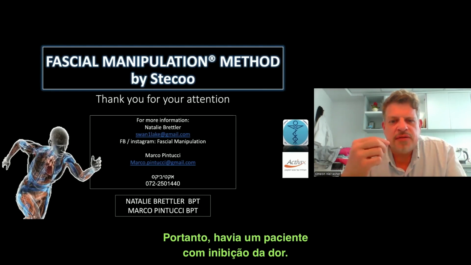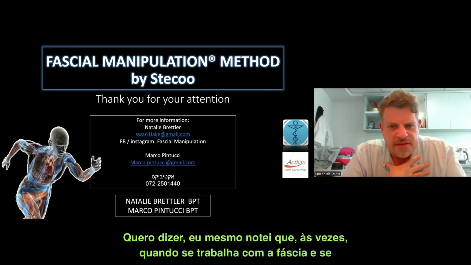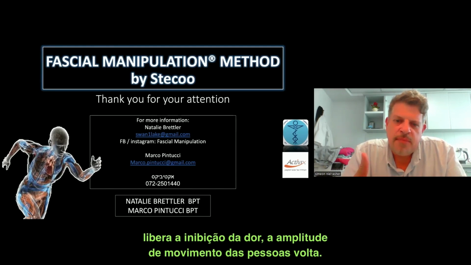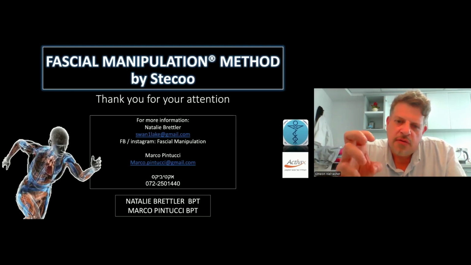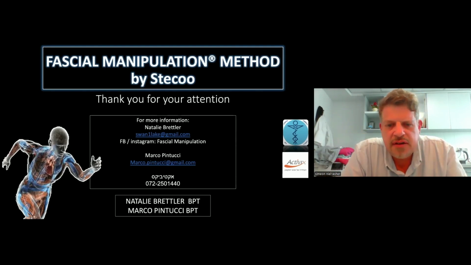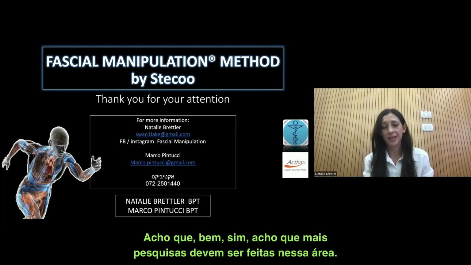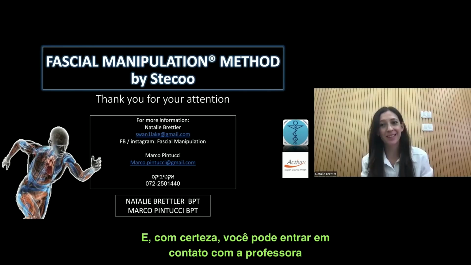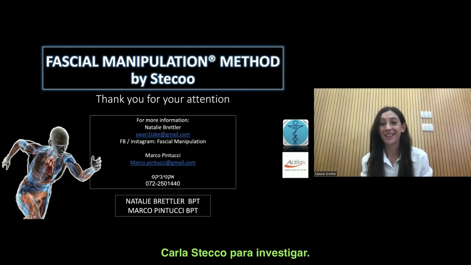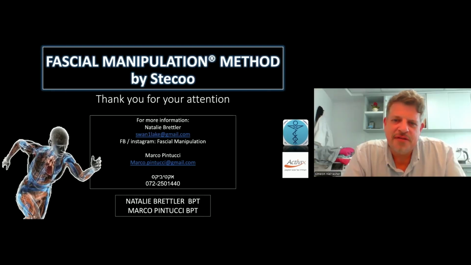I've just noticed myself that sometimes when you're working on the fascia and you release the pain inhibition, people's range of motion comes back. And I would say that that's more of a central reflex rather than a local tissue. I'm just thinking of that idea. I think, well, yes, I think that more research should be done in that area. And for sure, you can contact Professor Carla Stecco, maybe to investigate this. Okay. Thank you.